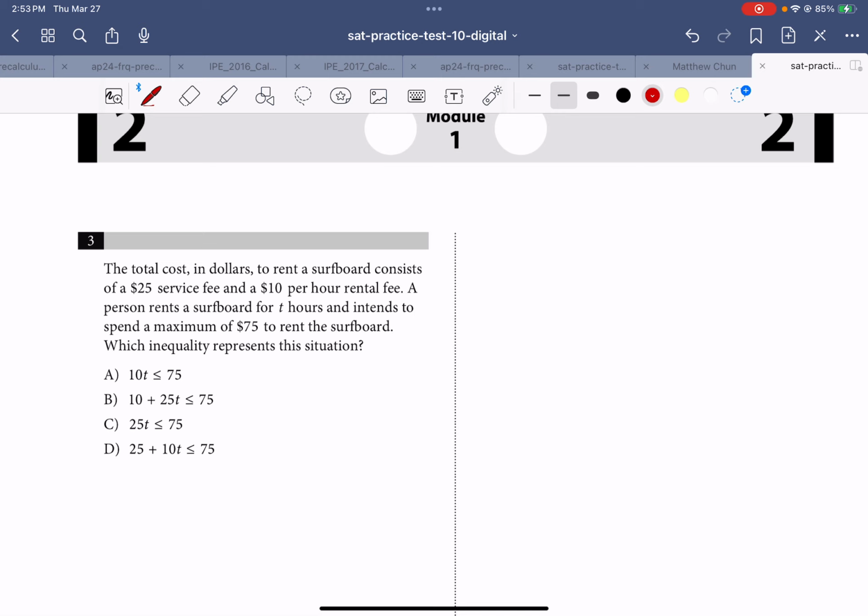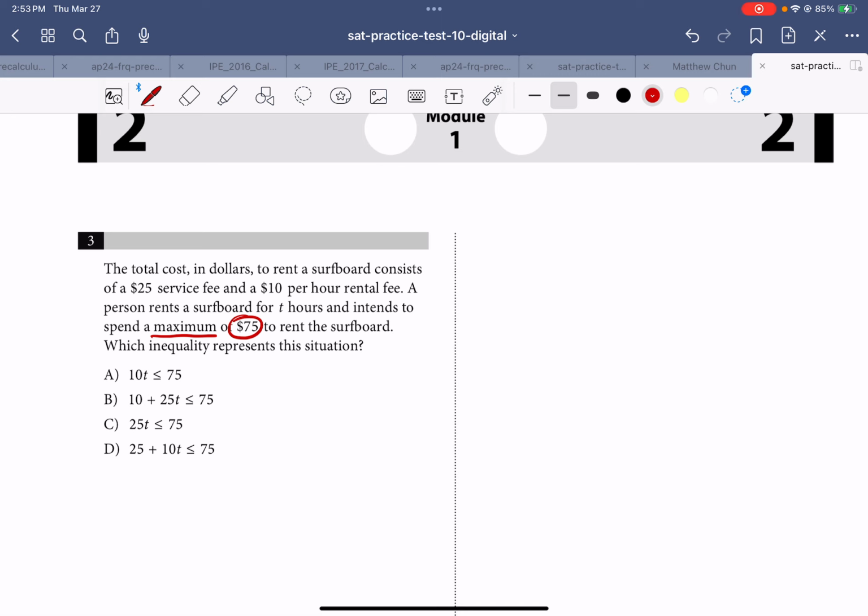Number 3, the total cost in dollars to rent a surfboard consists of a $25 service fee and a $10 per hour rental fee. A person rents a surfboard for 3 hours and intends to spend a maximum of $75 to rent the surfboard. Which inequality represents this situation?